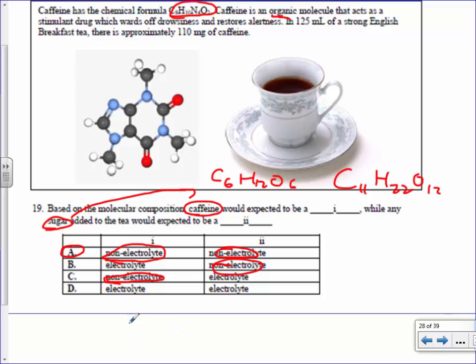By the way, this would be the kind of question where if you want to choose more than one answer, it might not be a bad idea, so long as you are dead certain that you know half of it. Like if you didn't know anything about sugar and did not know the second column, but you were dead certain that caffeine was a non-electrolyte, then you could pick A and C and at least get half a mark. But just make sure that you're certain.